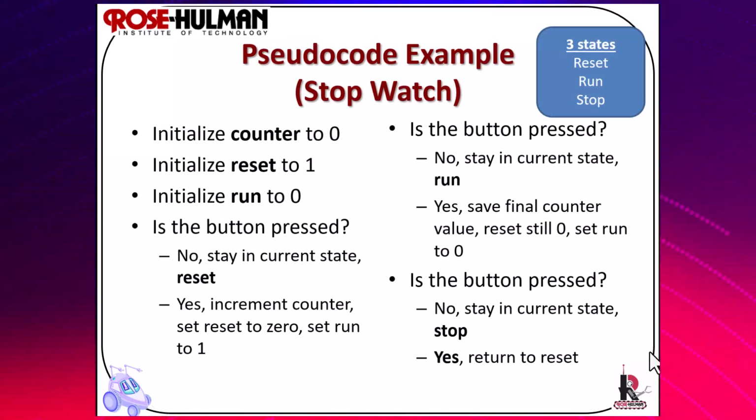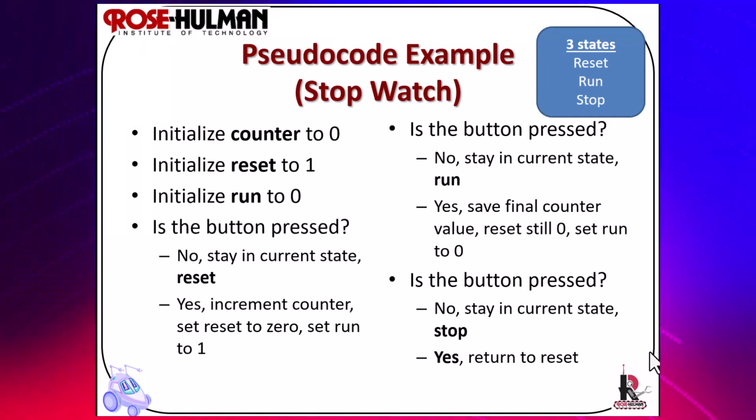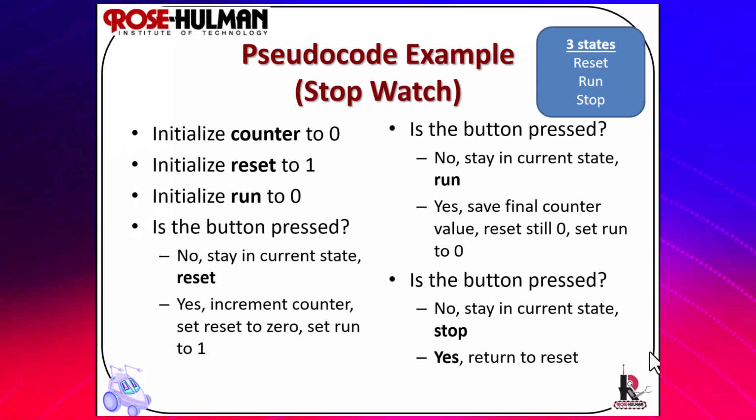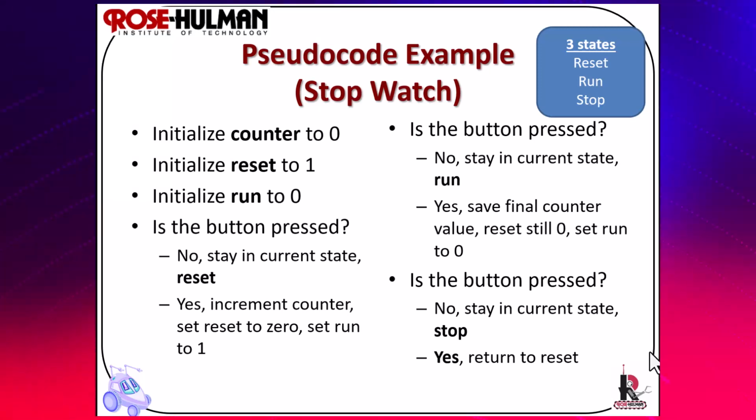For example, here is a stopwatch that has 3 states: reset, run, and stop. So you initialize the counter to 0, the reset to 1, and the run to 0. Then you're going to have an if function. Is the button pressed? Based upon the decision, if it's no, stay in the current state, reset. If it's yes, then you want to increment the counter and set reset to 0 and set run to 1.